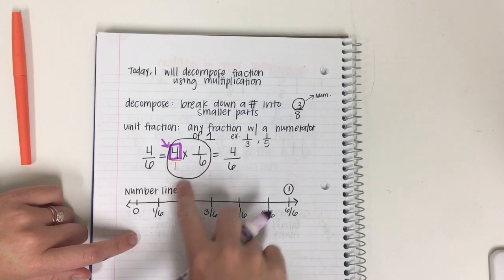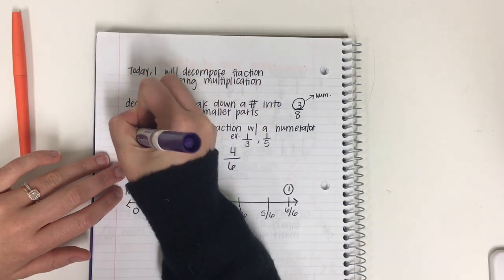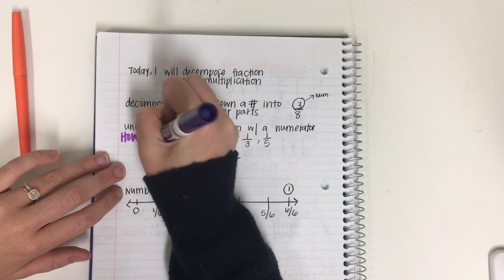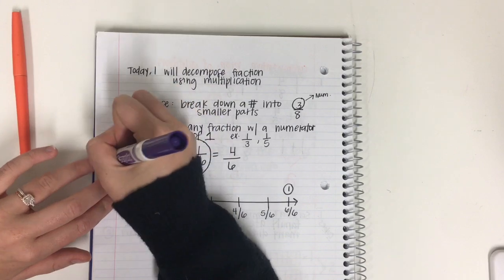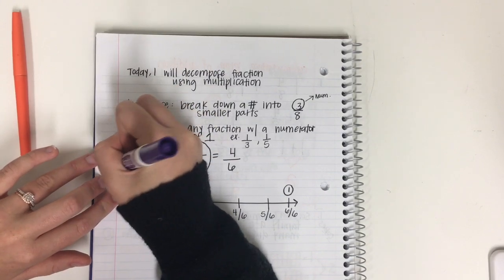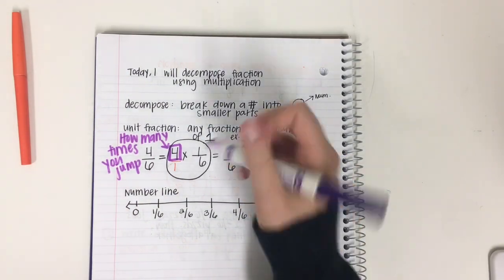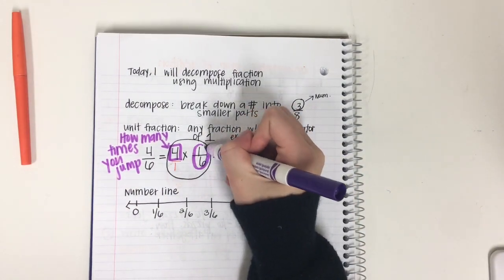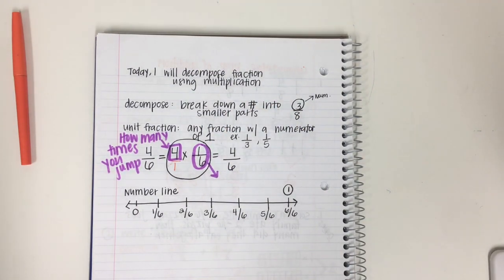So that's like how many humps that you have. The 1/6, your unit fraction, is how far you jump each time.